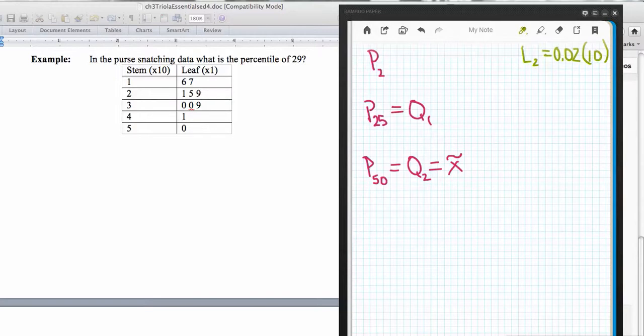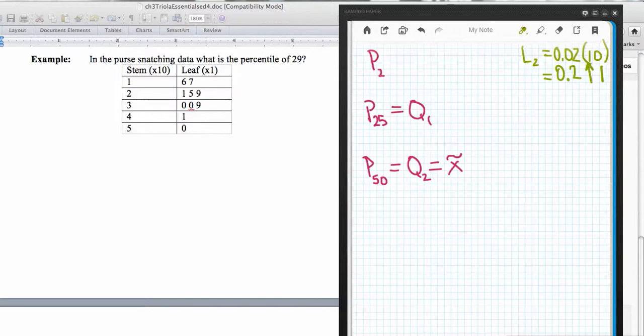So we have 0.02 times 10. So we have 2 times 10, which is 20, with 2 decimal points, which puts us at 0.2. Now, because that is not a whole number, what we would do is we would round up and we would use the first position. Now notice this is not really truly rounding, it's going up.